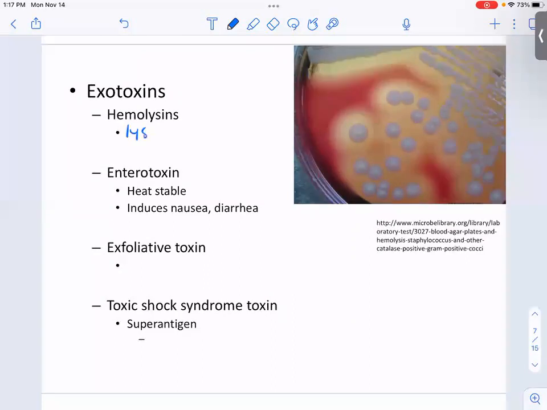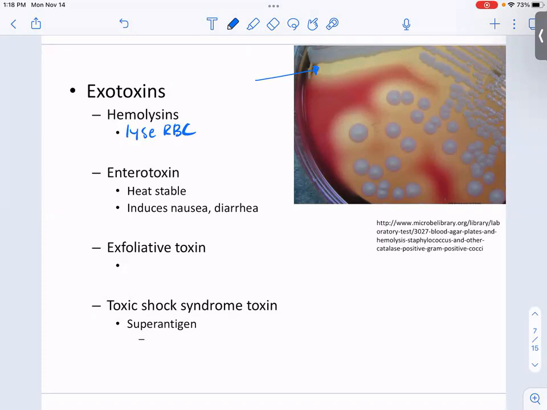Hemolysins lyse red blood cells. And we're going to talk a little bit more about hemolysins when we get to our streptococcus. But Staph aureus actually will show complete hemolysis of red blood cells when you streak it out on blood agar. So you see that yellowing around the colonies there.